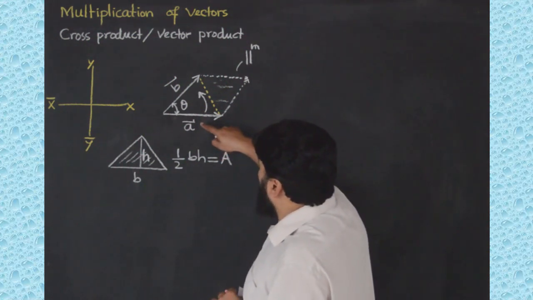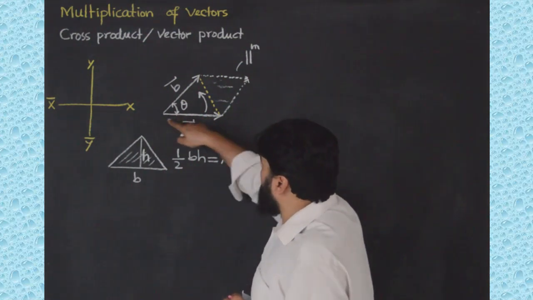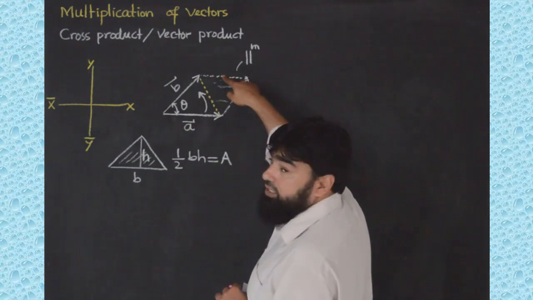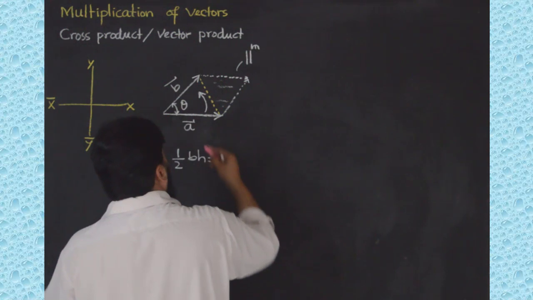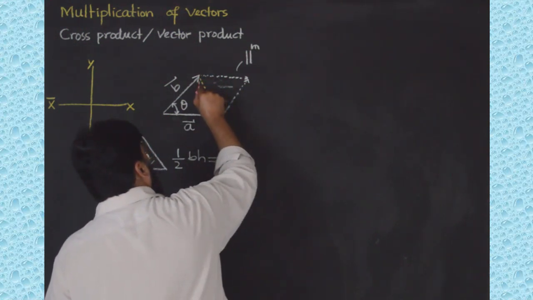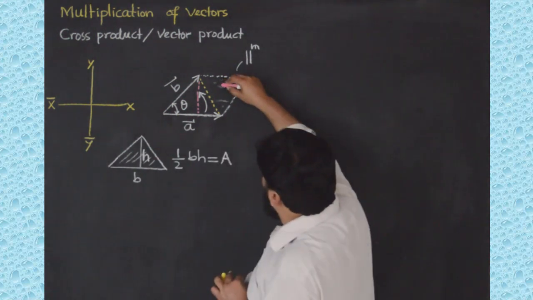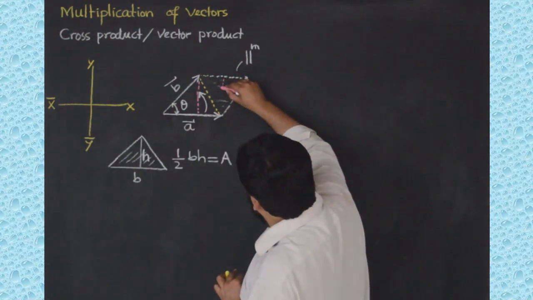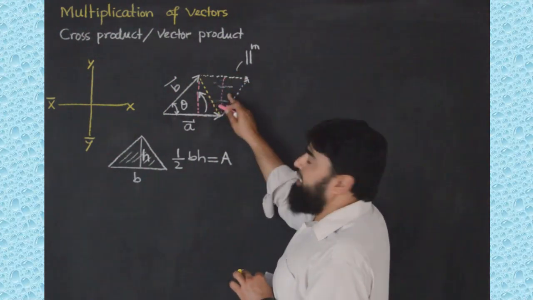BH means that we have to multiply the base, which here is this A, and then the height. Here the height comes out to be this one, and for this it will come out to be this one. So both are actually the same.